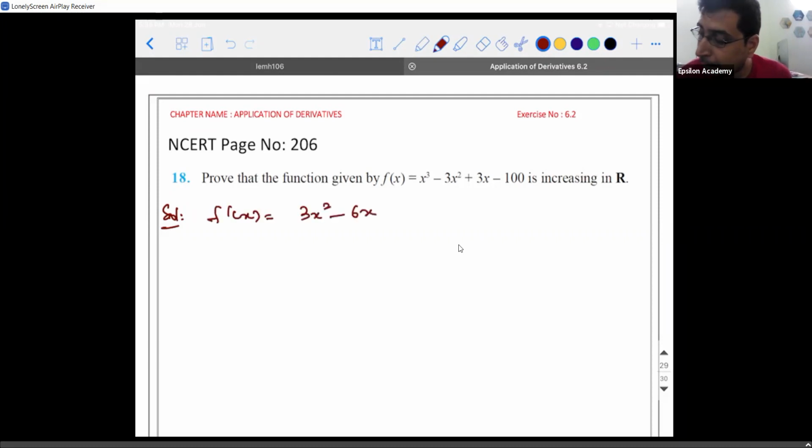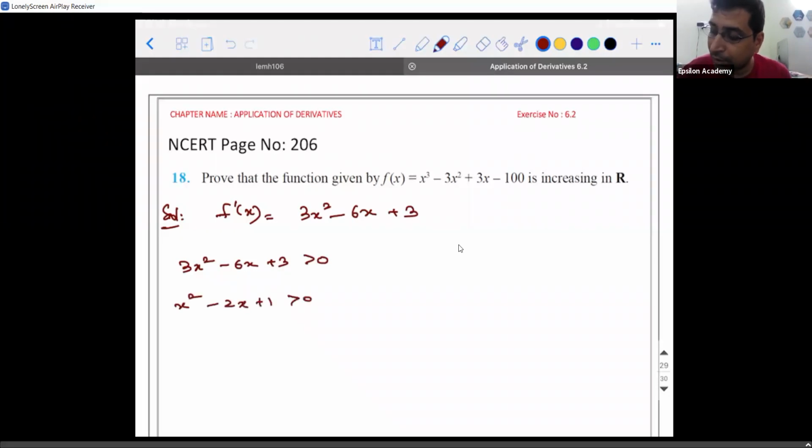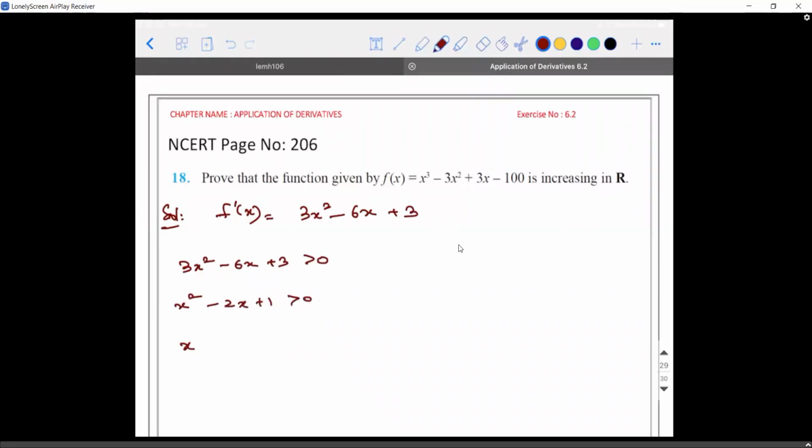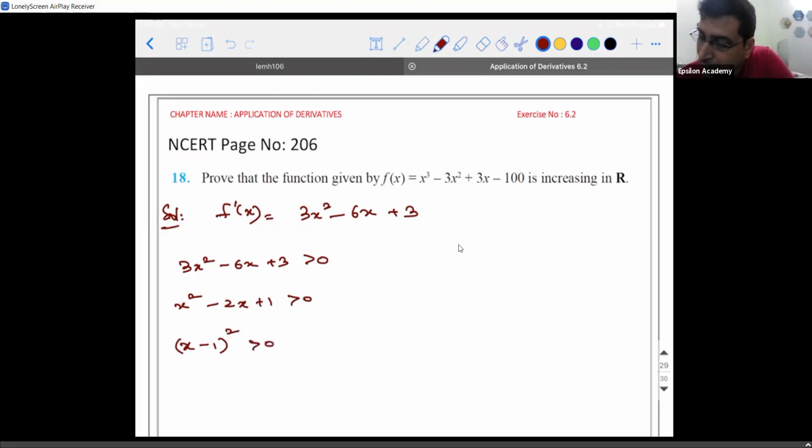So f dash of x is greater than 0. So 3x square minus 6x plus 3 is greater than 0. x square minus 2x plus 1 is greater than 0. Then I will get x minus 1 the whole square.